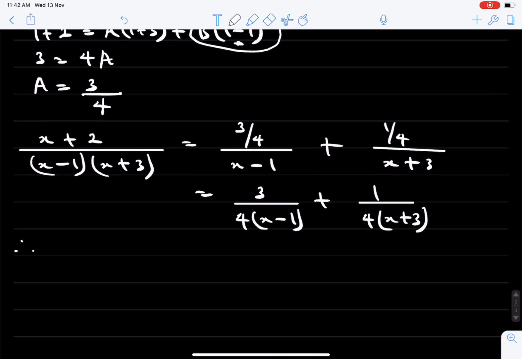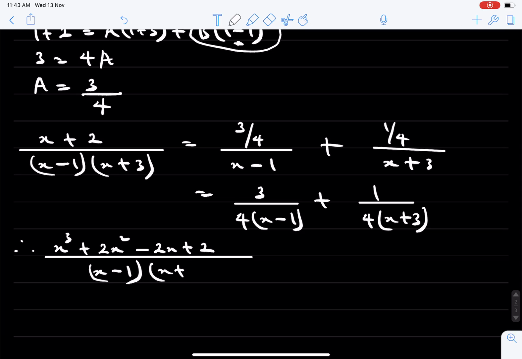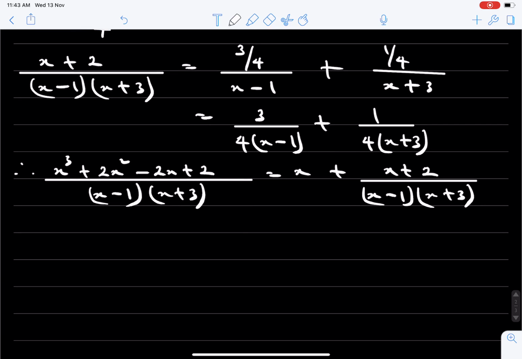The original compound fraction is x cubed plus 2x squared minus 2x plus 2 divided by x minus 1 times x plus 3, which gave x plus 2 over x minus 1 times x plus 3 when we divided the numerator by the denominator.